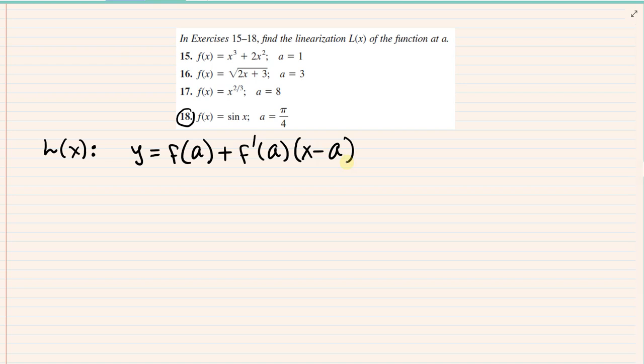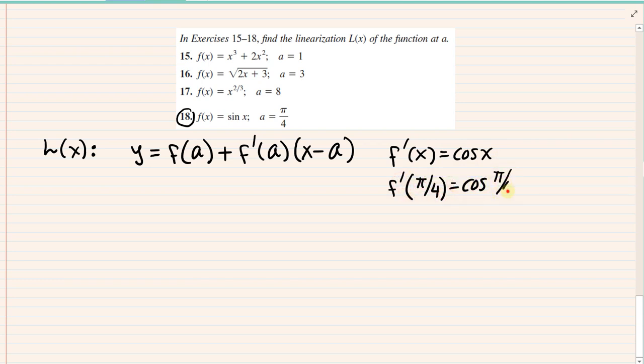And now for exercise number 18, all I gotta do is find the derivative. Of course, f prime of x, derivative of sine, is going to be cosine x. And f prime at a is pi over 4, so that would be cosine of 45 degrees, which is 1 over root 2.